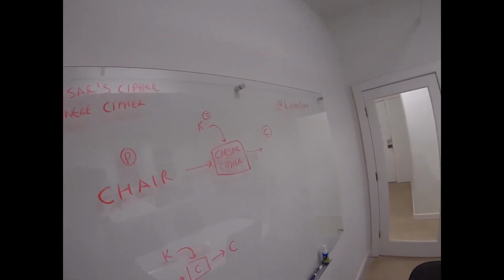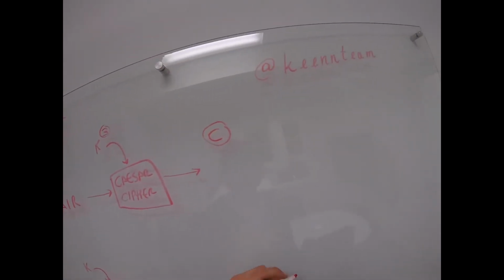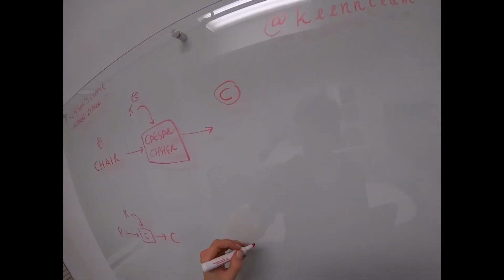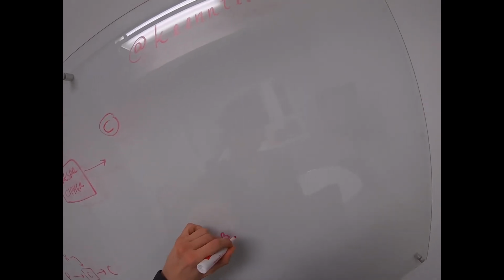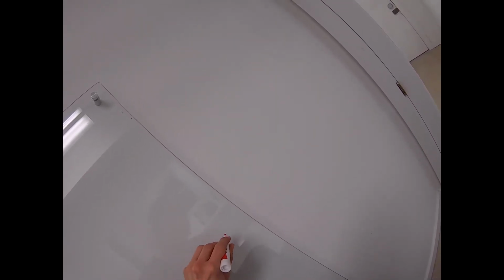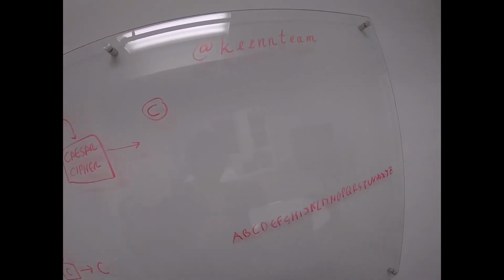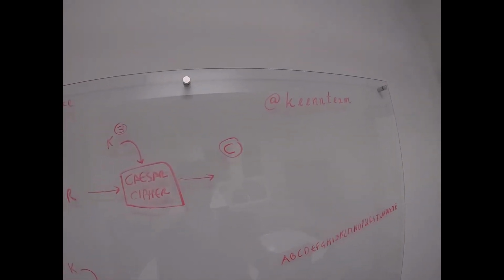Let me write the alphabet here really quick, just so I can explain better. A, B, C, D, E, F, G, H, I, J, K, L, M, N, O through to Z. Each of these letters represents the alphabet.